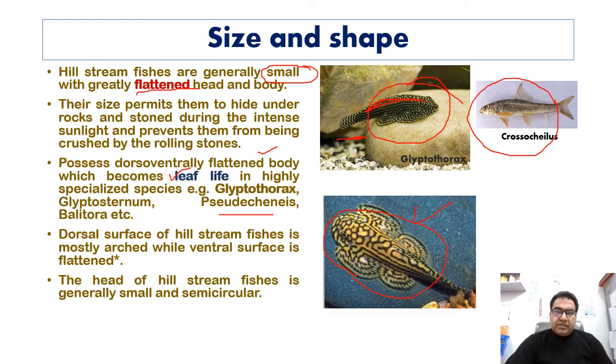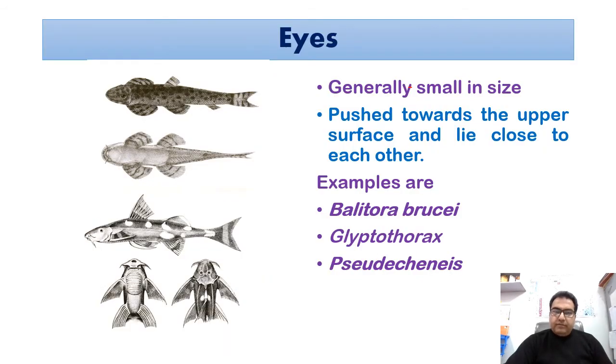If the fish is living in streams where the water current is slow, the fishes are mostly cylindrical, having cylindrical bodies, such as I told you about Crossocheilus latius, Labeo gonius, or Tor putitora. In the very fast flowing part of the stream, the fish are dorsoventrally flattened, whereas in those areas where the water current is slow, the body is somewhat cylindrical.